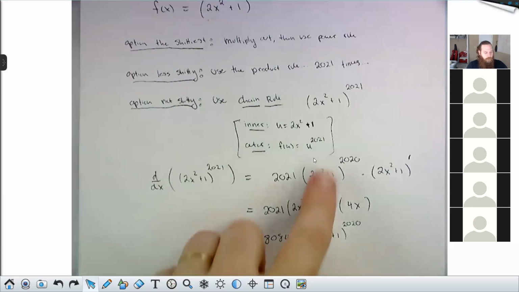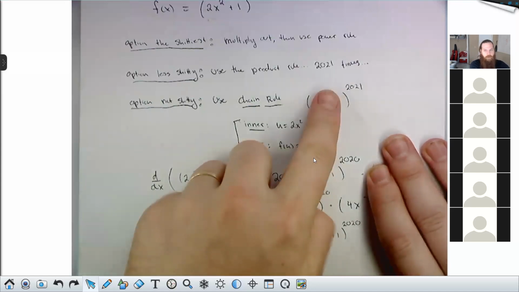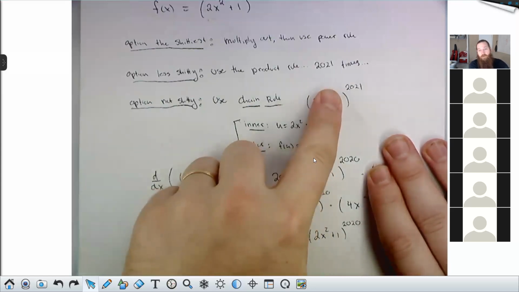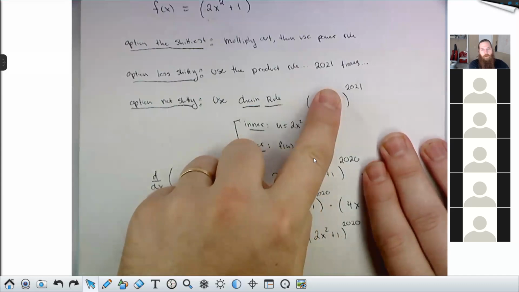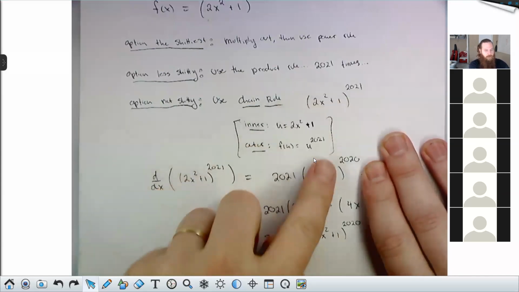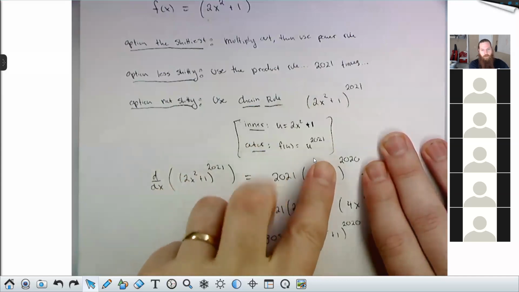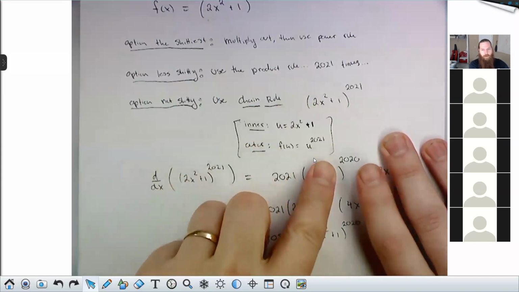So what I used to do is, this doesn't work quite as well, but cover up the inside, right? If I cover this up, it's just something to the 2021. And if I want to differentiate the outer function, I totally ignore what's inside. I brought down the power, 2021, and I reduced the power by 1.